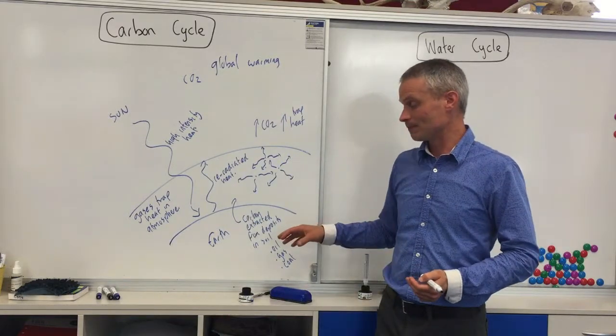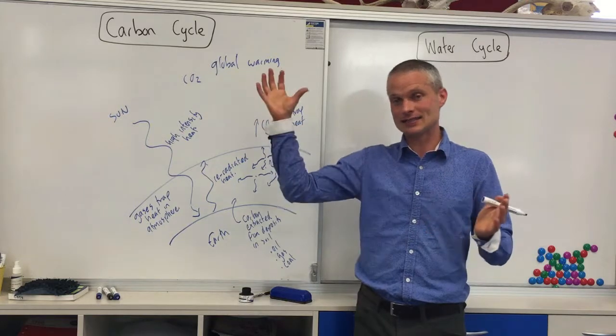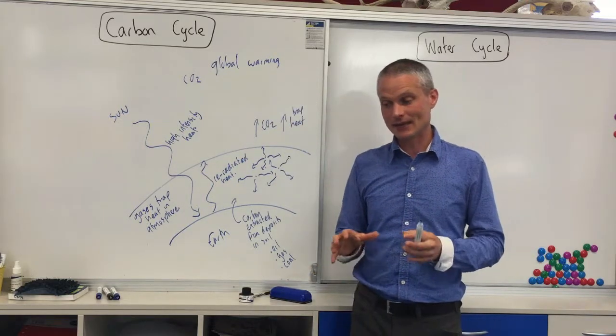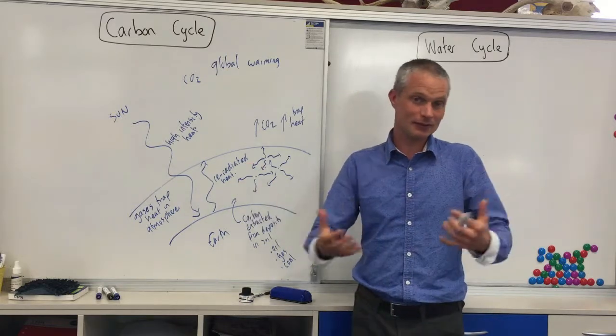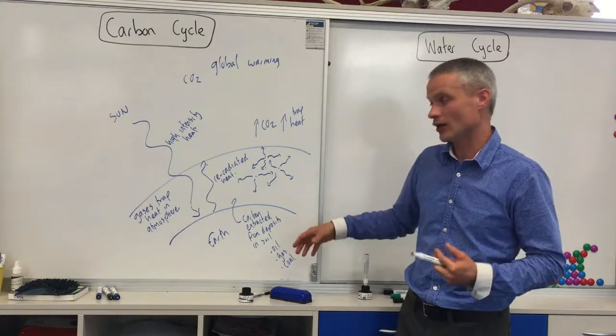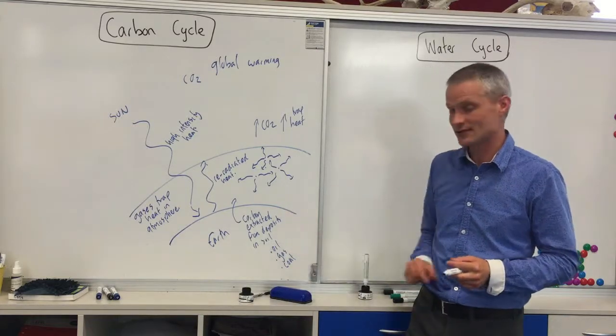But anyway, as all these plants died and decayed in these swampy environments, they were transformed. All the carbon that was in their body structures was being transformed over thousands of years into oil, gas and coal.